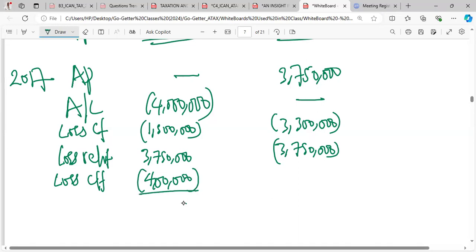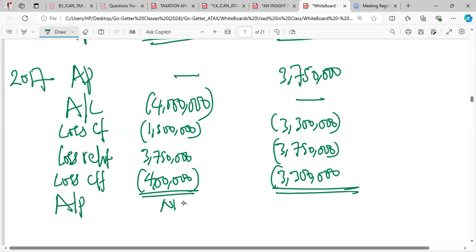This is what is being carried. You carry your 3,300,000 because you didn't do anything about it. Then your accessible profit, nil and nil.